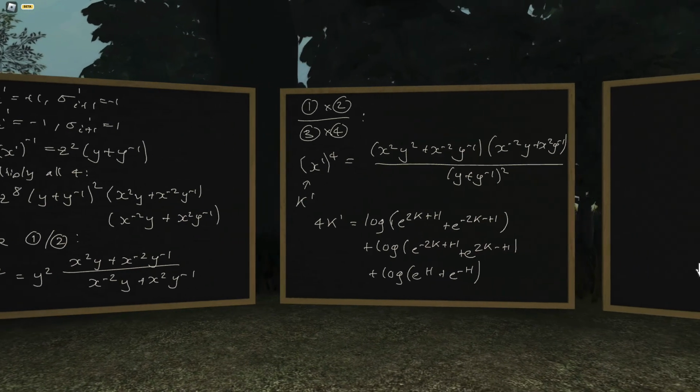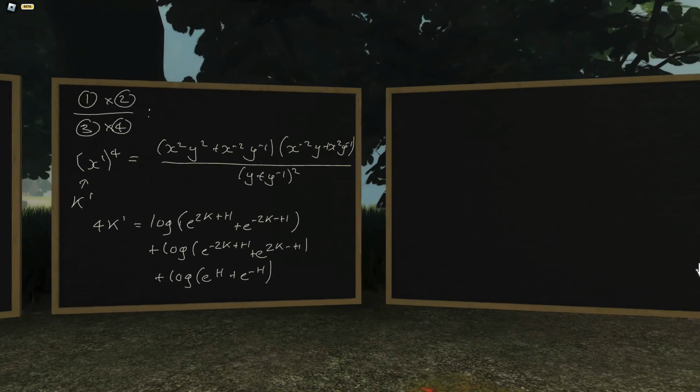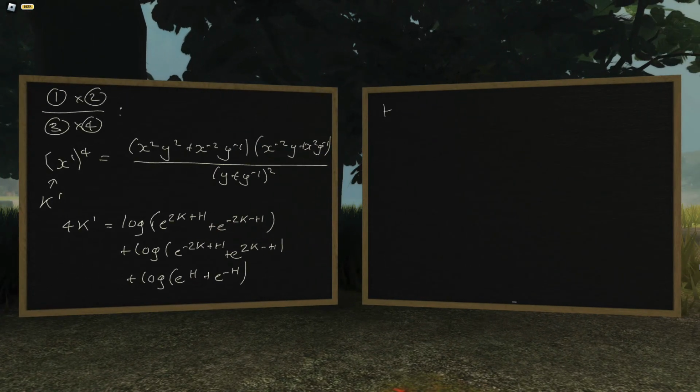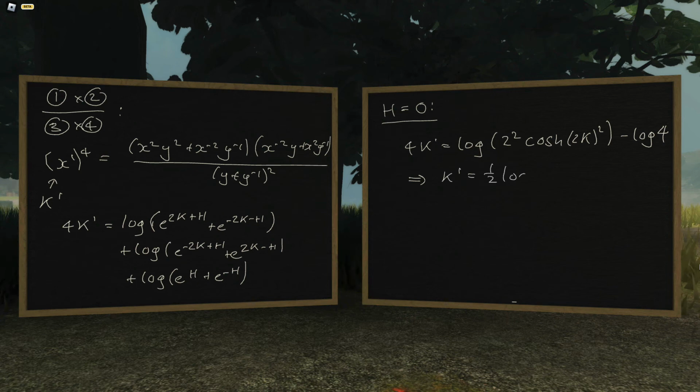Okay, now, if we consider the case where there's no external magnetic field, and so we'll just set h to be 0, then we'll end up with the expression 4k prime is equal to log of 2 squared cosh 2k squared, so I'll just use the logarithm rule on the first two, minus log 4, which then gives k prime, if we rearrange a bit and simplify, to be a half log cosh of 4k.